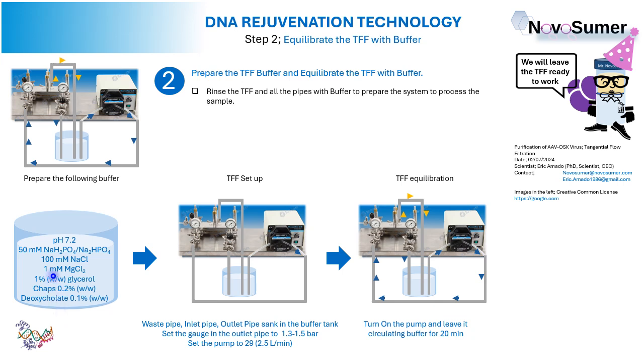Okay, let's break it down a little bit. The pH 7.2 is similar to the pH of the cells, and also kind of similar to the pH of the blood. That is why we are using this pH, and also because EVOS is happy in this pH. Then the sodium phosphate will be the buffer that buffers the sample.